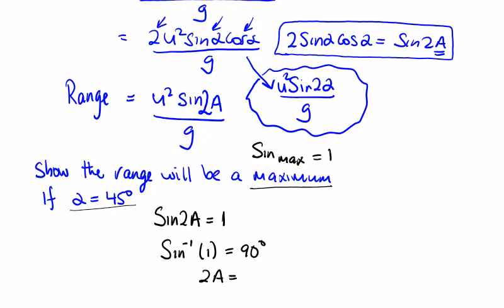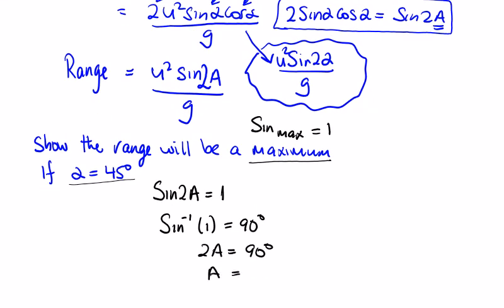So we could say that 2 alpha is equal to 90 degrees. So alpha therefore would have to be 45 degrees. So this is a little intro into sine, cos, dealing with range and dealing with the maximum height, and the angle alpha will be 45 to create a maximum range.